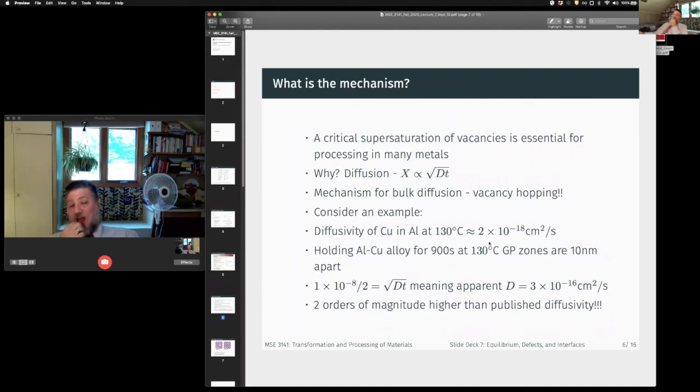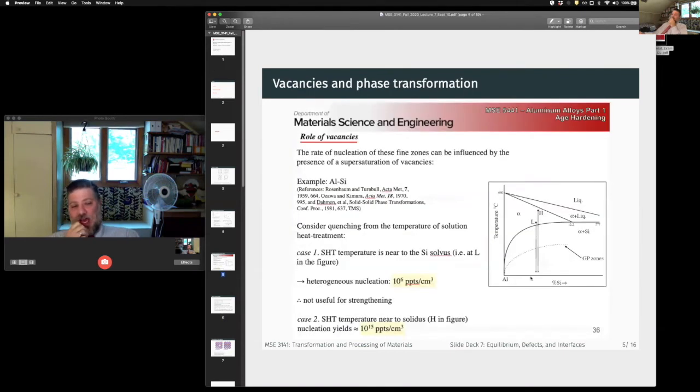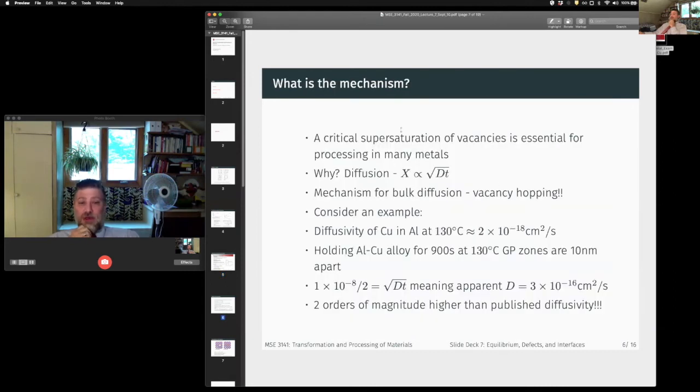Vacancies, right? When we quench down, we essentially are stopping the long-range diffusion, and so the vacancies don't have a lot of time to annihilate. So it turns out we need a critical supersaturation of vacancies.